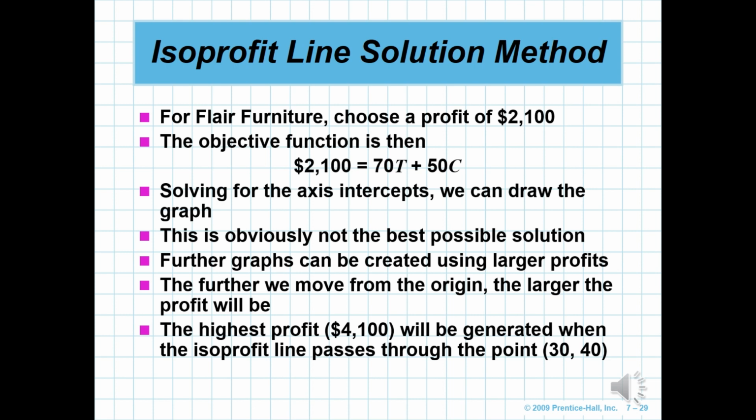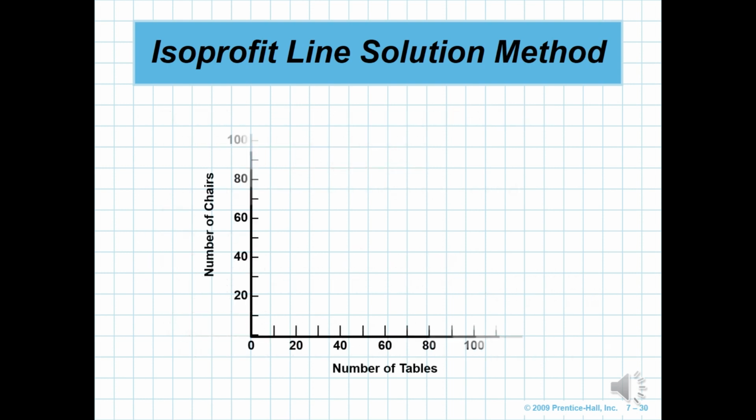Here they already mention that the maximum profit that can be gained is 4,100 and the optimal solution is 30 and 40 for this problem. Now, how do we get this optimal solution? Let's draw this.